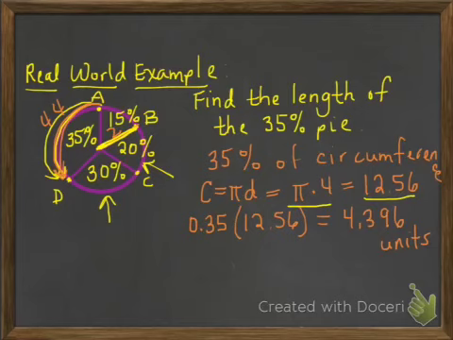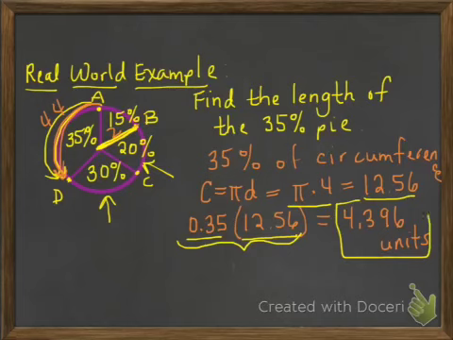We want 35% of that circumference. So right here you can see we take 0.35 times the circumference to find out how long the arc is. Arc, A-R-C, not A-R-K as in Noah's Ark. So that's 35%.